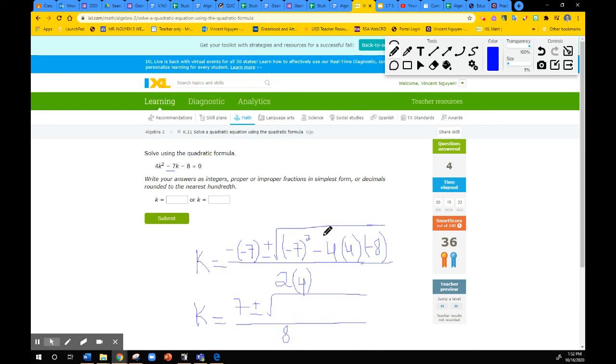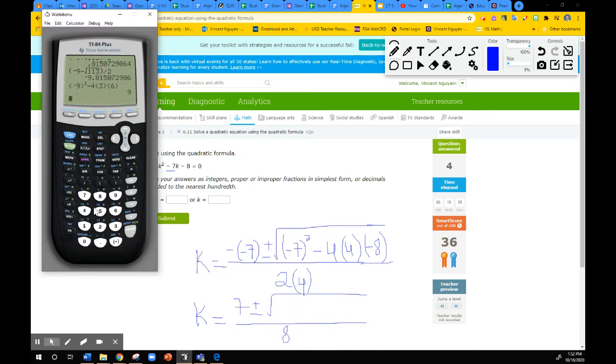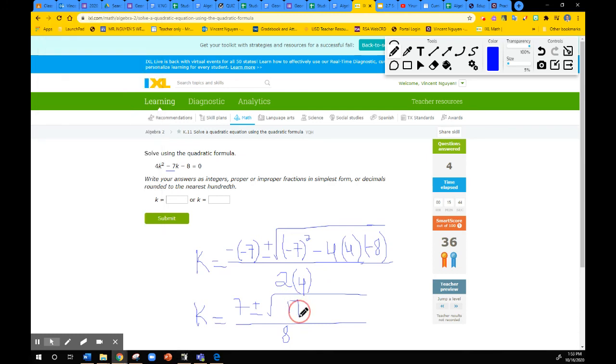Okay, and so now we're going to use our calculator. We're going to do parentheses, negative 7 squared, wow, minus 4, negative 8, enter. So 177. So I know we're going to get decimal solutions here.